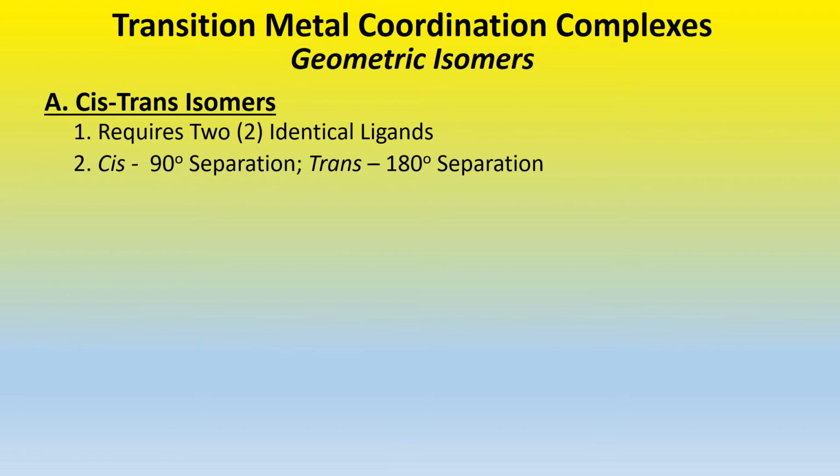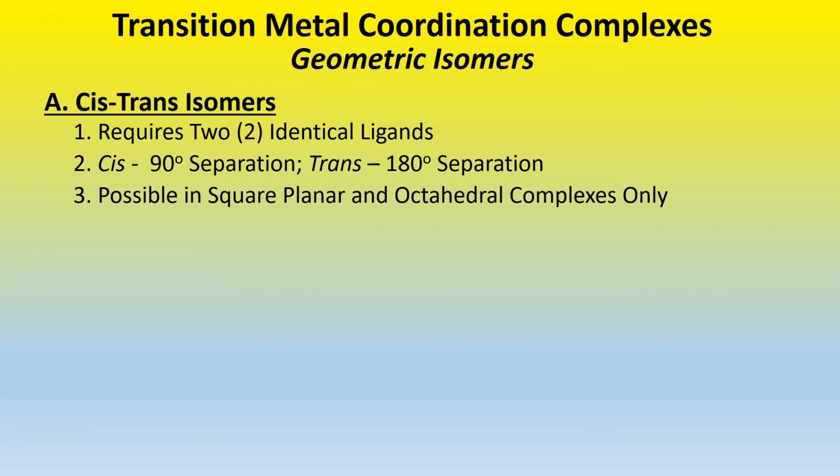Cis-trans isomers are possible in square planar and octahedral complexes as long as you see the number 2 next to one ligand. They are not possible in tetrahedral complexes for simple reasons of geometry. A tetrahedron has a 109.5 degree separation all the way around. Therefore, there are no 90 or 180 degree angles possible.